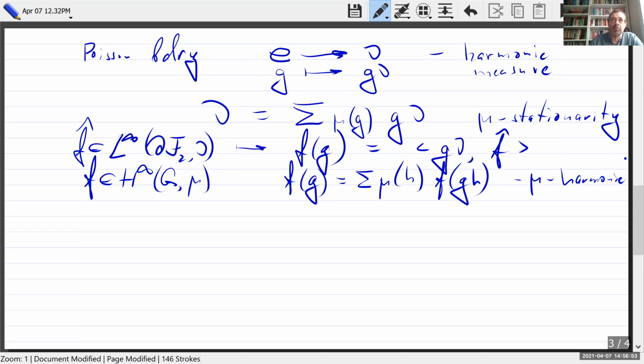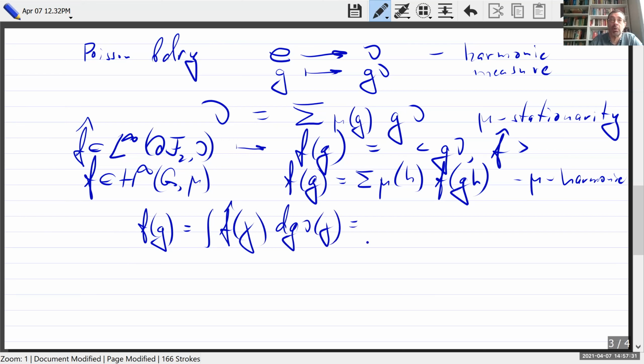Okay, and let's look at this formula, which I have written here for the boundary representation of harmonic functions. I can rewrite it in the following way. The value of my function f of g is equal to what? I have to take the boundary function f hat, write it with the integral sign, and integrate it with respect to the corresponding translate of the harmonic measure.